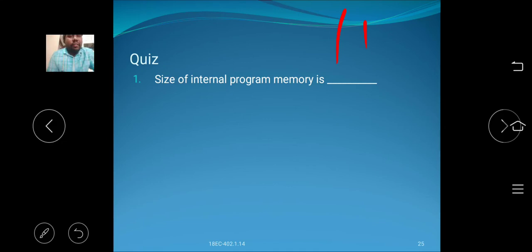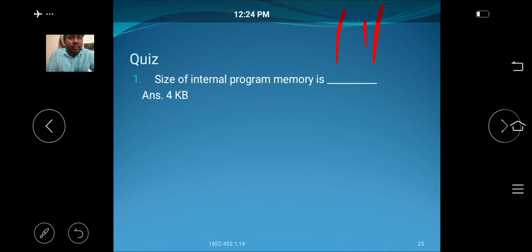The size of internal program memory is 4 kilobytes.